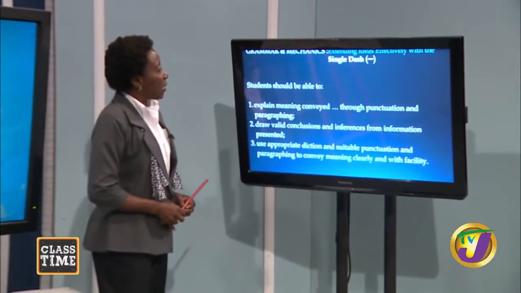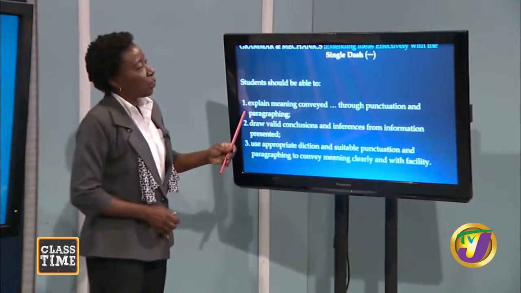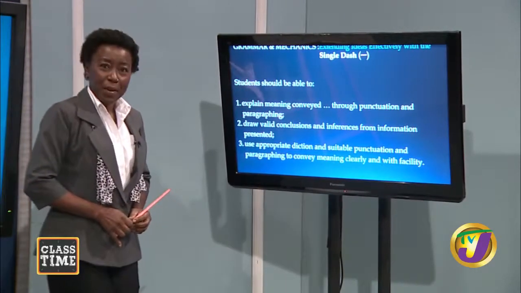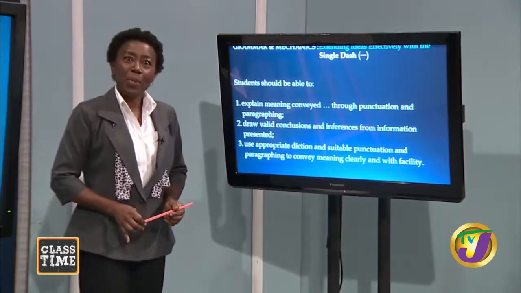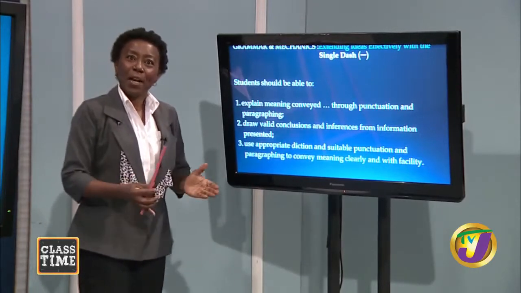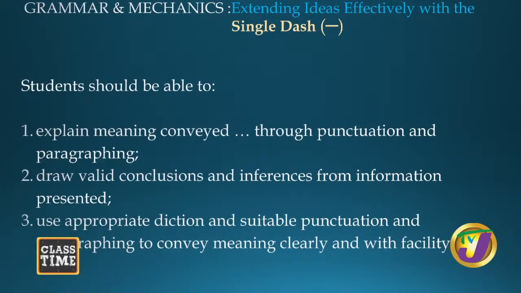We should be able to explain meaning conveyed through punctuation and paragraphing. Remember that organizing our ideas effectively is dependent on specific punctuation marks, which we call generally mechanics. Draw valid conclusions and inferences from information presented, and use appropriate diction.